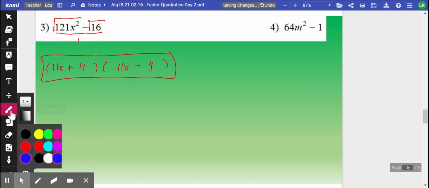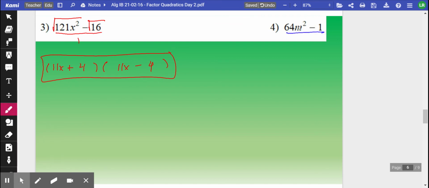Number 4. Check for something to divide out. 1, it's done. One plus, one minus. Square root of 64m squared is 8m. So I start with 8m on both of them. Square root of 1 is 1. So plus 1 and minus 1.